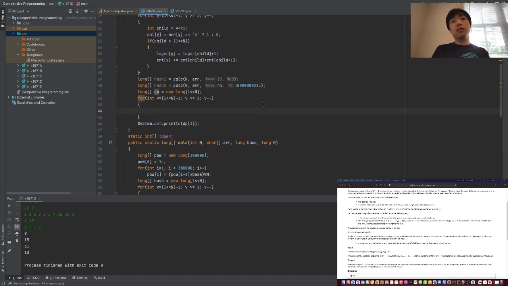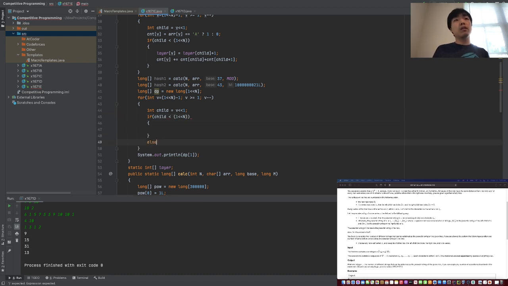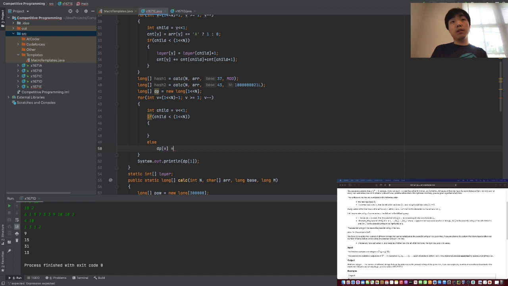So basically what we want to do is, if child is less than or equal to, okay, well the base case is just dp at v is equal to 1 because there's only one way to do it.